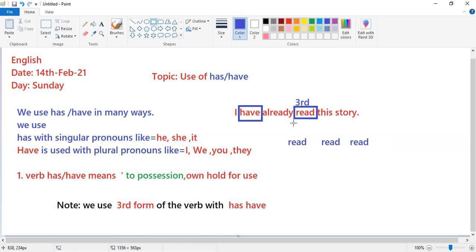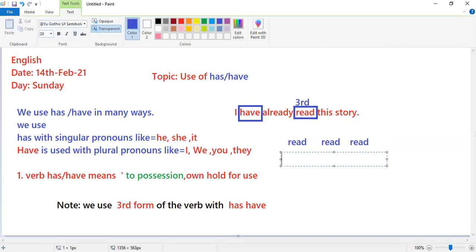So I will give you another example. For example, she has already slept when I reached home.